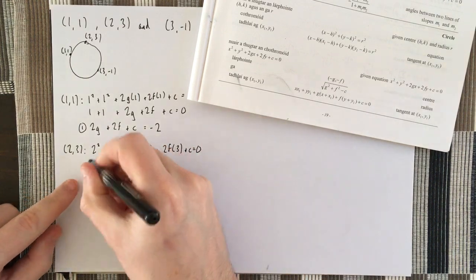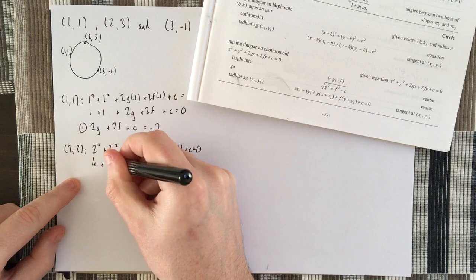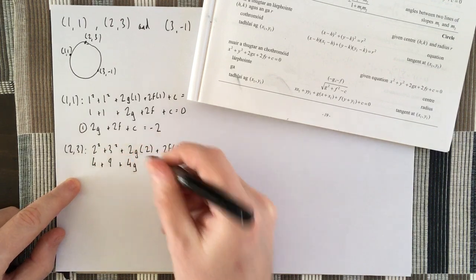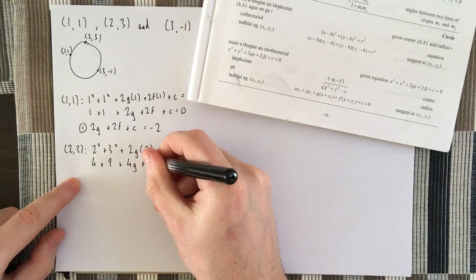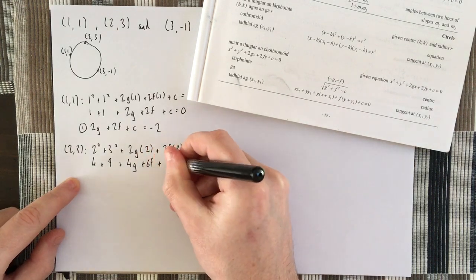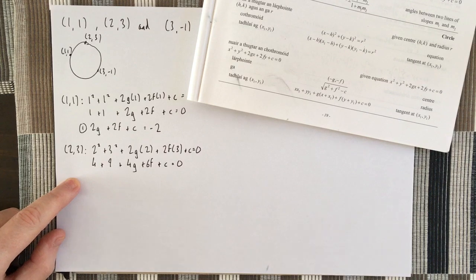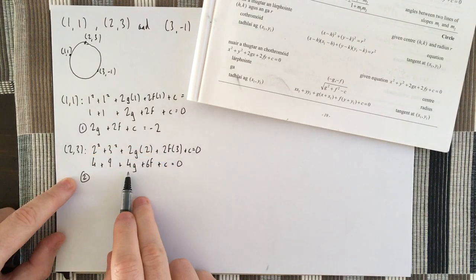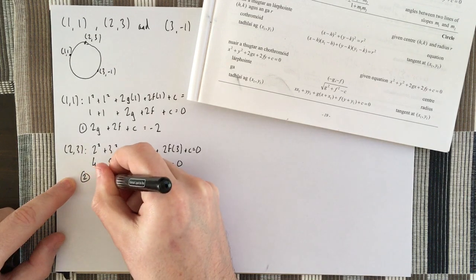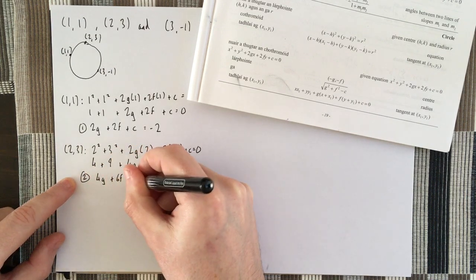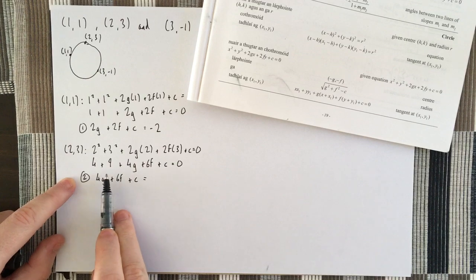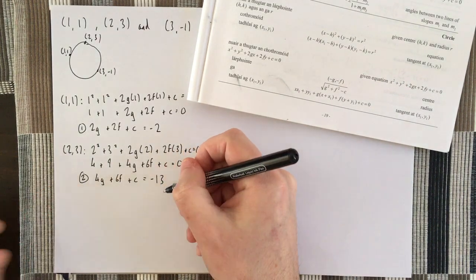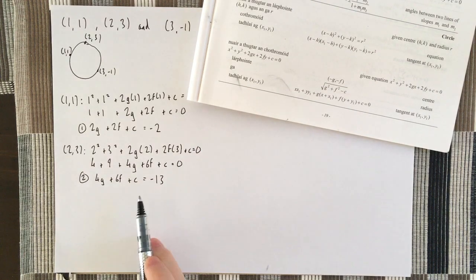So let's just multiply this out. 2 squared is 4, plus 3 squared is 9, plus 2g times 2 is 4g, 2f times 3 is 6f, plus c equals 0. Again, let's write it in this form. So my second equation is 4g plus 6f plus c equals 4 plus 9, which is 13. Bring it over and it becomes minus 13. And there's my second equation.